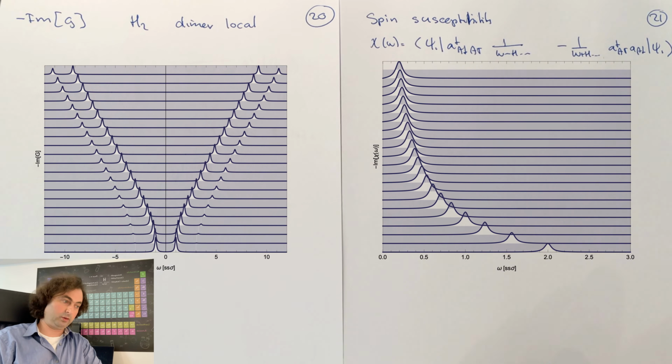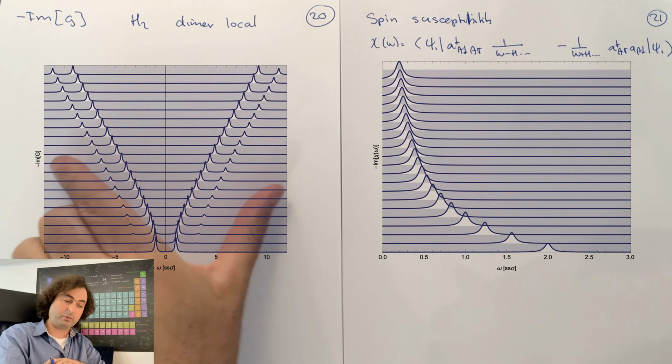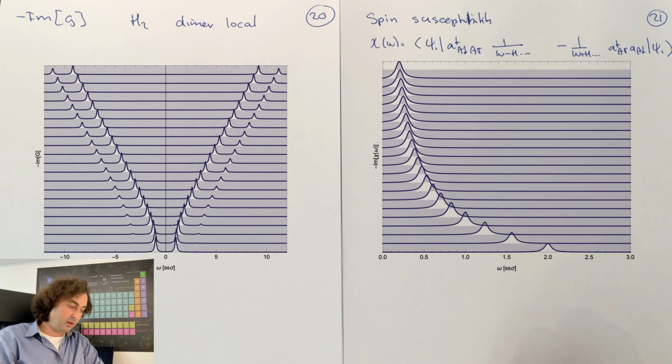Now, when we turn on correlations, you see that the energy that it costs to take out an electron from one Hubbard Dimer and put it onto another Hubbard Dimer is getting bigger and bigger, whereas the energy that it costs for your two particle excitations is getting smaller and smaller.